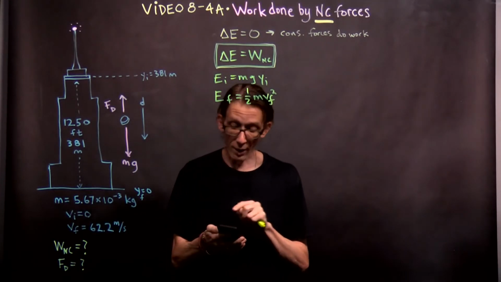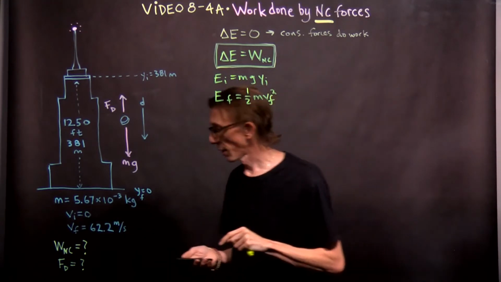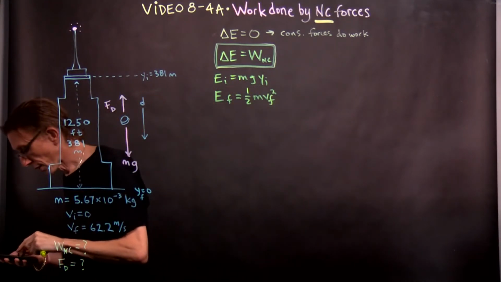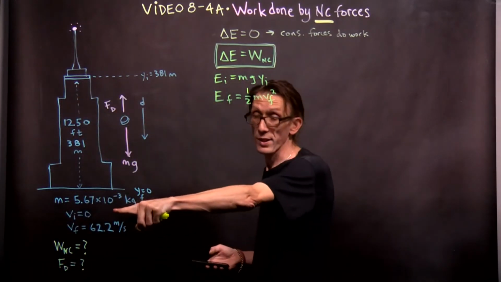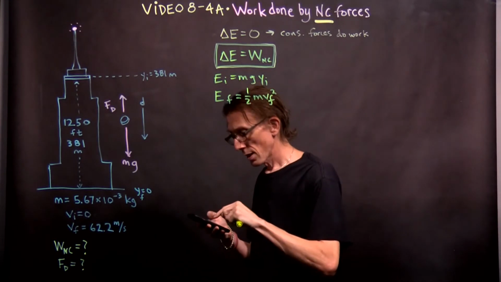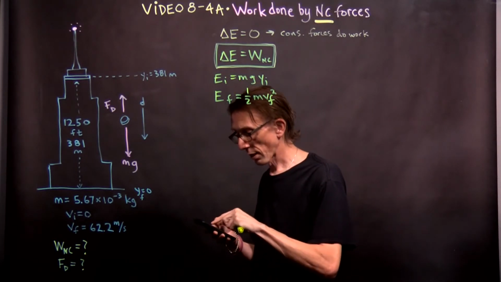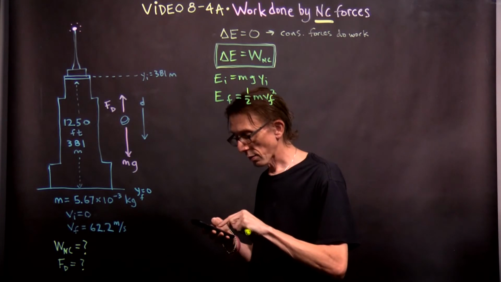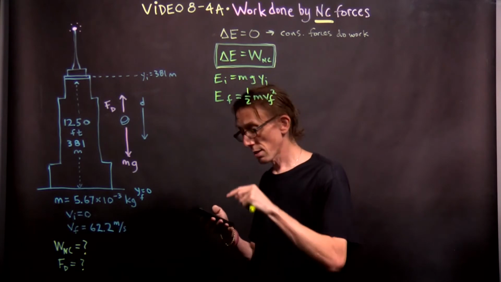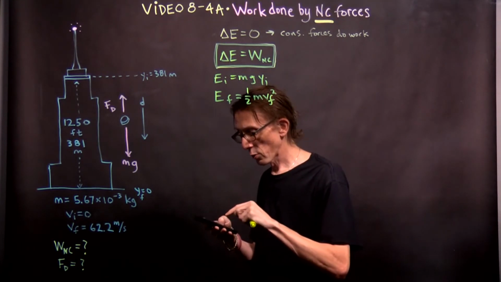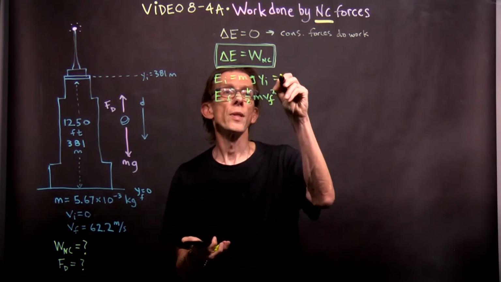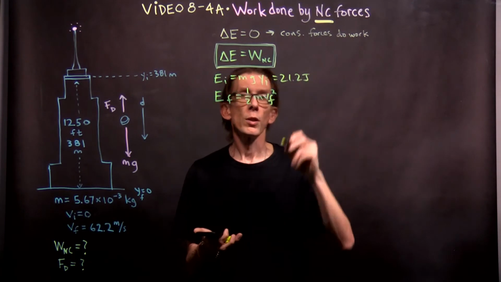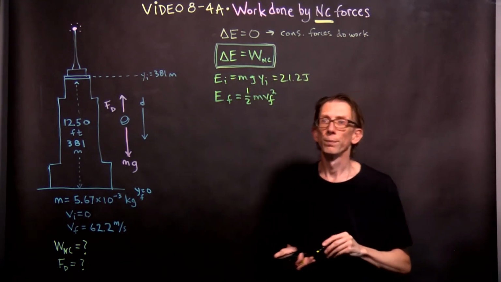This will be very fun for you watching your professor stand here with a calculator. 0.00567, that's the mass, times 9.81, that's our g, times 381. 21.2 joules. That's how much gravitational potential energy we have to start off with.